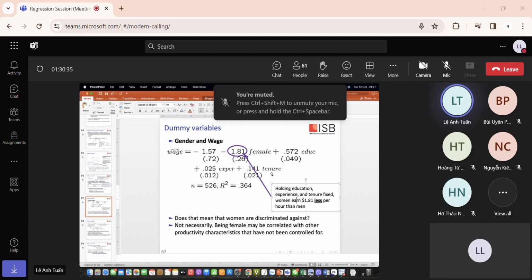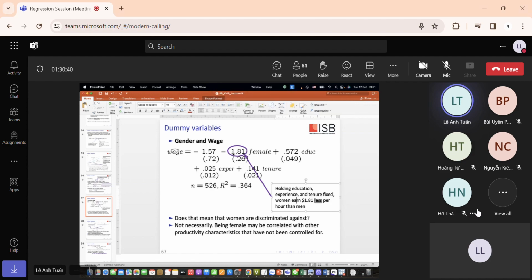Although it's negative, if it's not significant, that means actually the effect is equal to 0. This is the way we explain the coefficient. We will test whether the coefficient is equal to 0 or different, so we compare the effect between the main group and the base group.